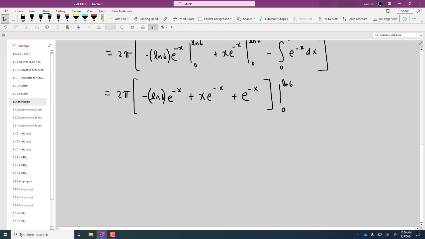So let's go ahead and do this evaluation. First, let's plug in that upper limit of integration. So ln of 6. When we put the ln of 6 there, we know that e and ln are going to be canceling each other out. They're inverses of each other. But we've got a minus in front.